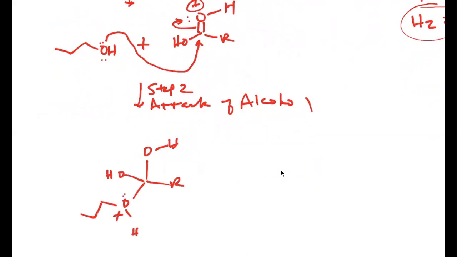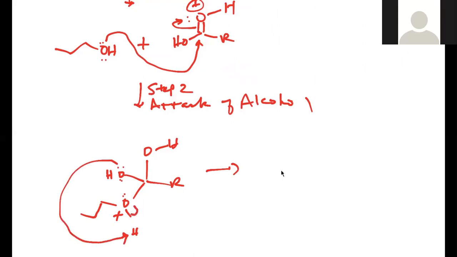All right, so then you get another proton transfer because you need to get rid of the proton that's on the alcohol. So let's take this oxygen right here, and let's do the proton transfer to that one. All right, so you're doing an internal proton transfer, or intramolecular proton transfer.